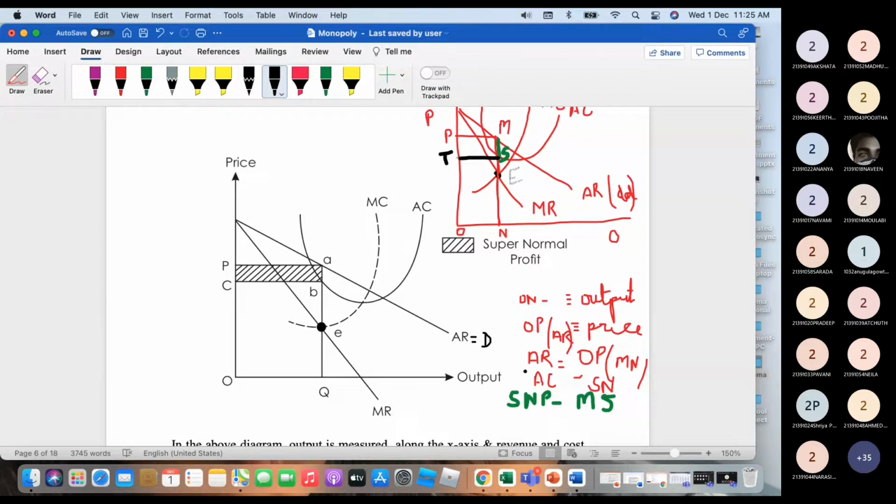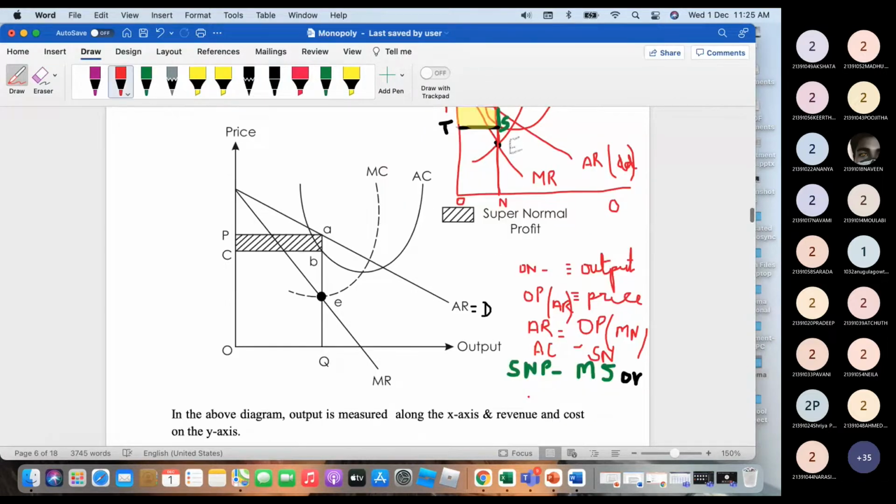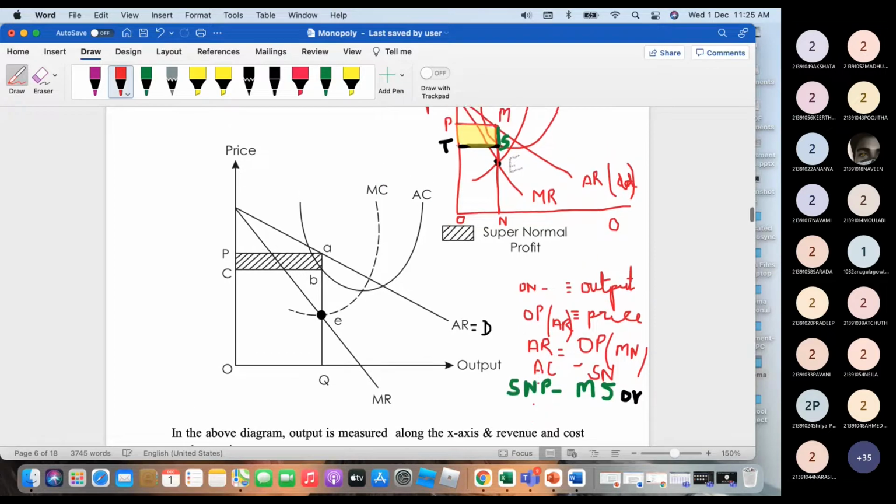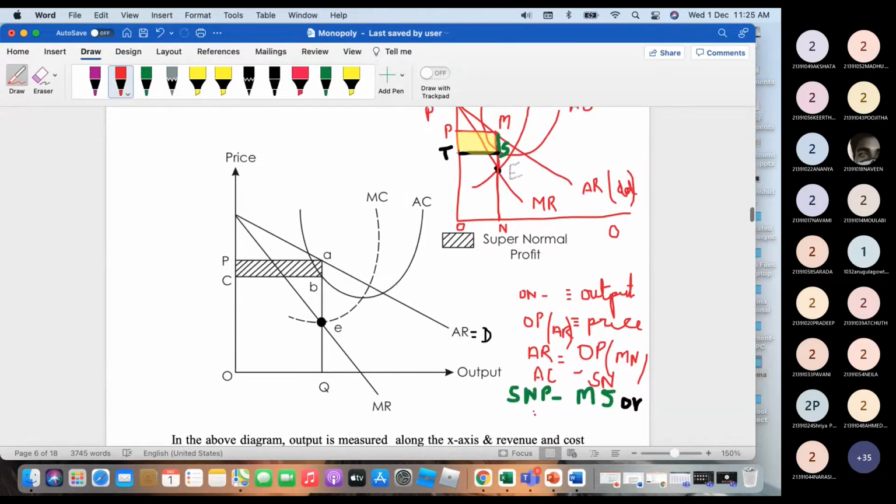SNP is equal to MS, or it is equal to, sorry students, PMST.